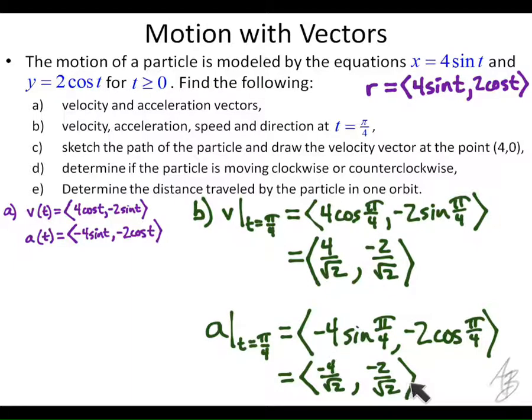So I want to be clear about what these mean real quick. If I knew the position at this point, and I didn't ask you to find the position, but let's say I knew the position, I could plot the location of the point, but then I could also, in addition to that, draw a vector from that point to show how fast it's going and what direction it's going. And then I could also draw a vector from that point to show what direction the velocity is moving toward.